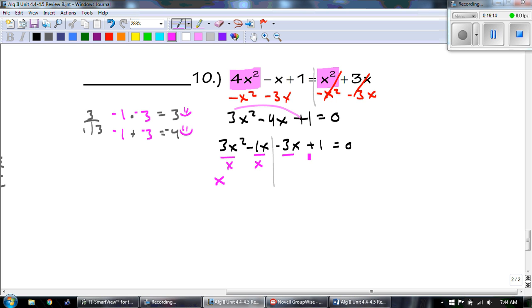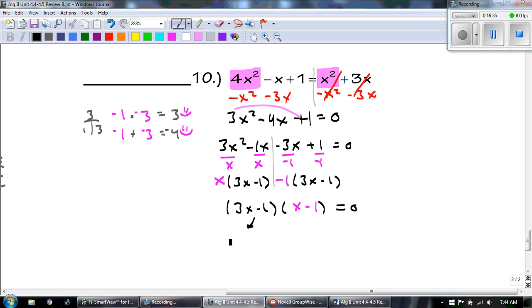And then back here, we can factor out a negative 1. And then we get 3x minus 1, 3x minus 1. And we get 3x minus 1 and x minus 1 equal to 0. Just remember, when there's an equal sign, we have to solve. And then everything with the variable, we set equal.